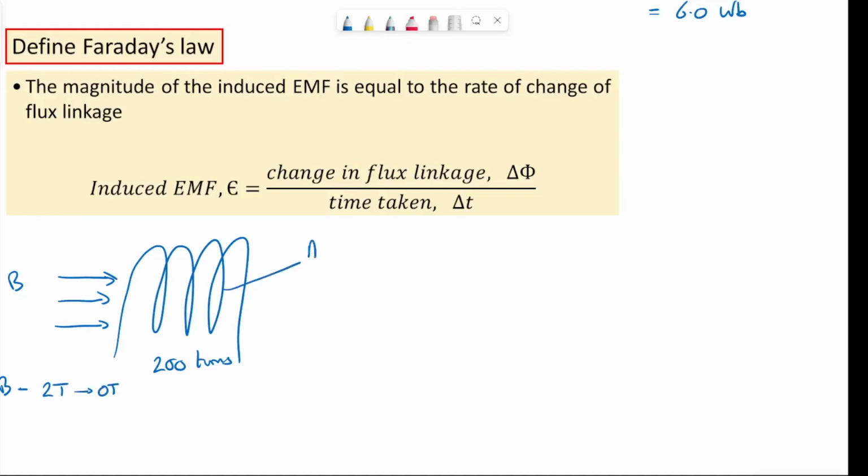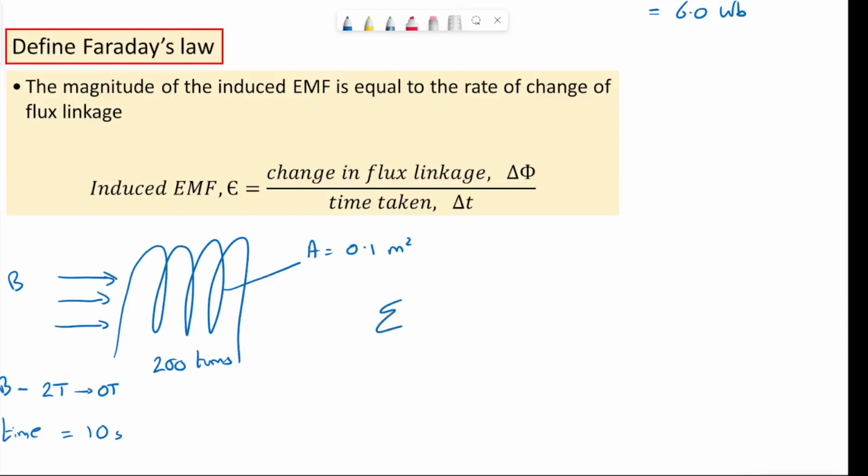The area of the coil is 0.1 square meters. The time for the magnetic flux density to change from 2 Teslas to 0 Teslas is 10 seconds.